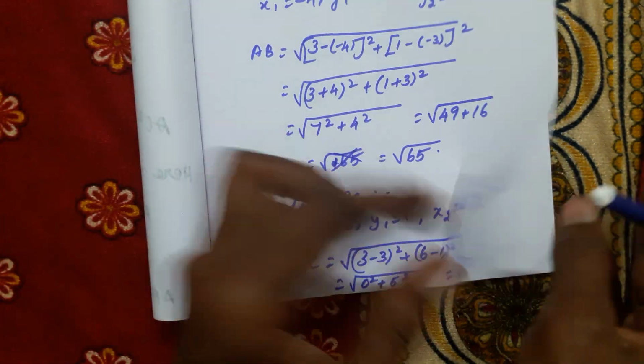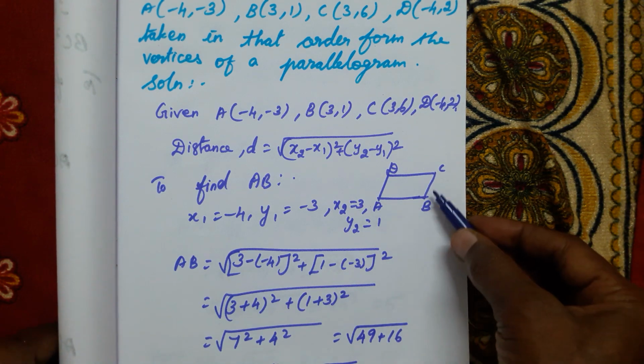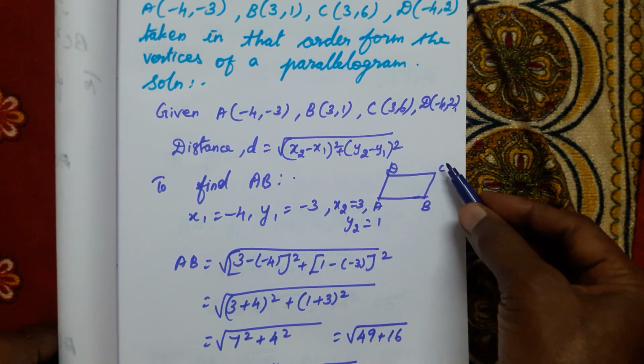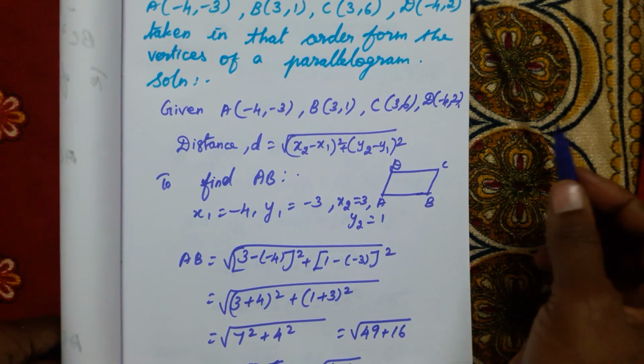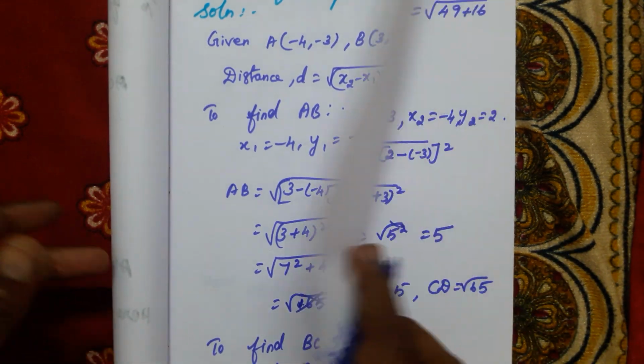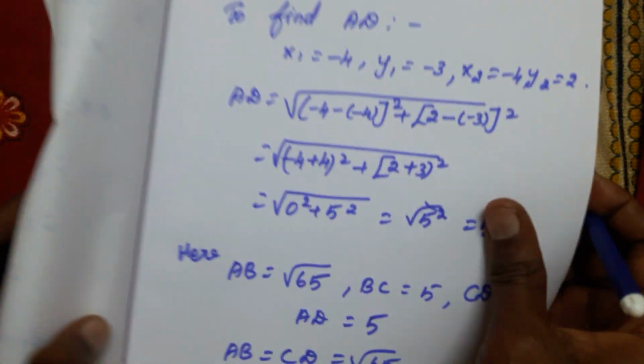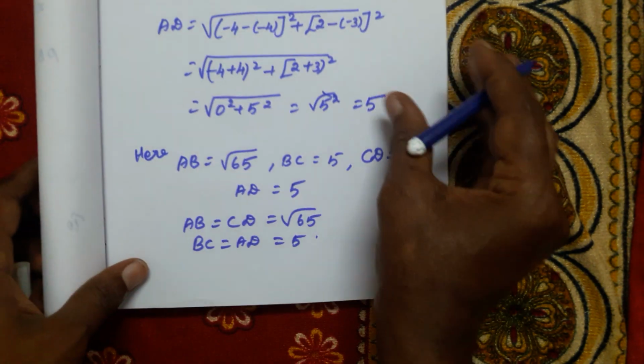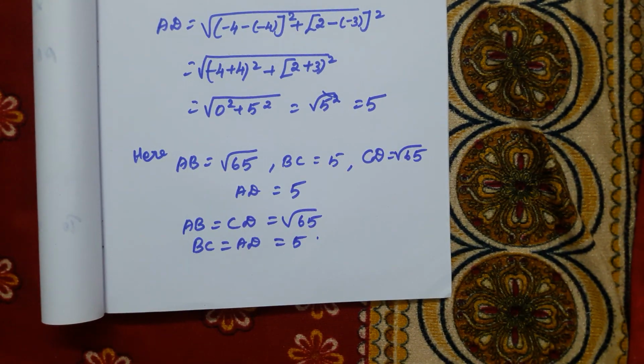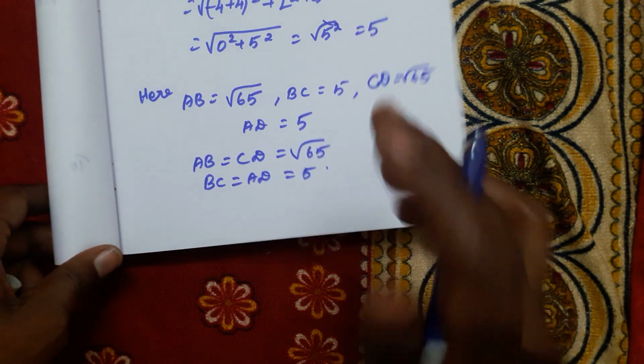What are the opposite sides? AB and CD are opposite sides. AD and BC are opposite sides. Opposite sides are equal. Therefore, the given points form a parallelogram.